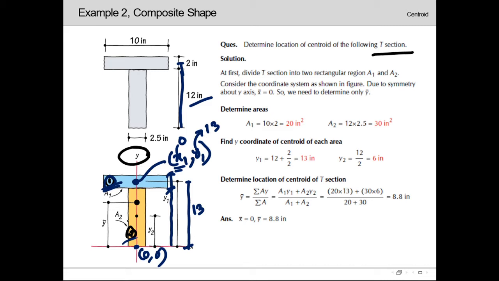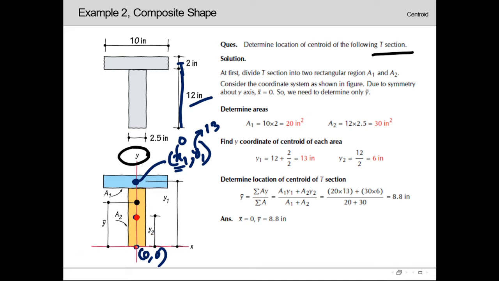Now for segment 2, let's consider this is the center of segment 2. In order to move to this point, do we need to move along the x-axis?